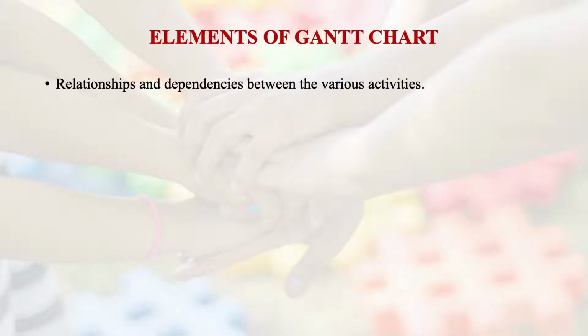Now, other elements of the Gantt chart are relationships and dependencies between the various activities. Here the dependencies are not very direct. You cannot identify those dependencies very directly, although in the example which we have done you could see that over a period of time there was an overlap, but can that activity be done after completion of the first activity, or need it not be?